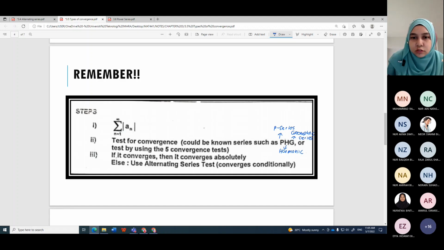Or we can use another test for convergence. Okay, actually ni 6 test. Saya mention sebelum ni lah, ada 6 kan. First, use the divergent test. Comparison. Limit comparison.